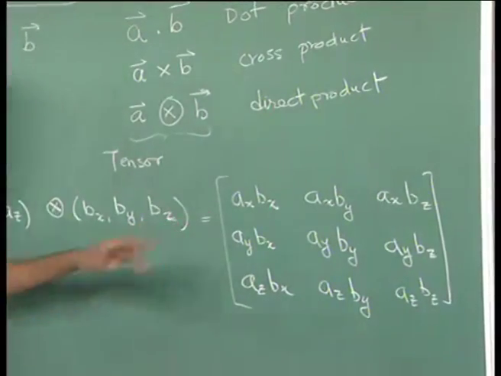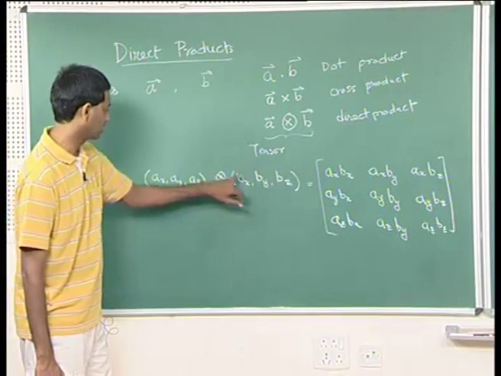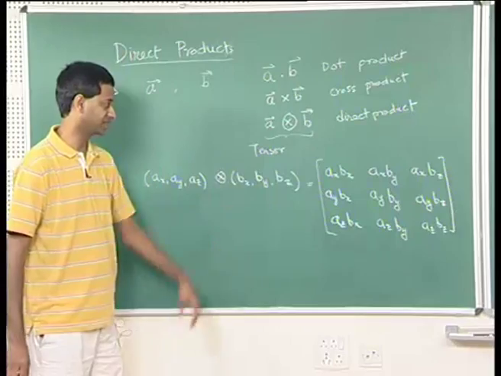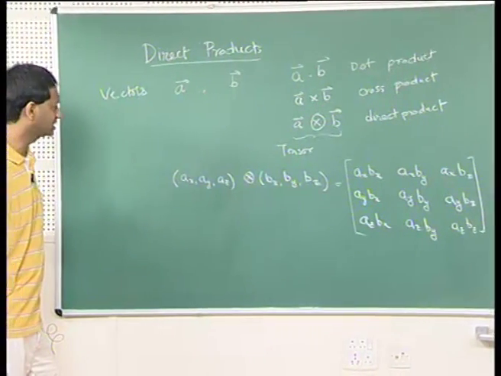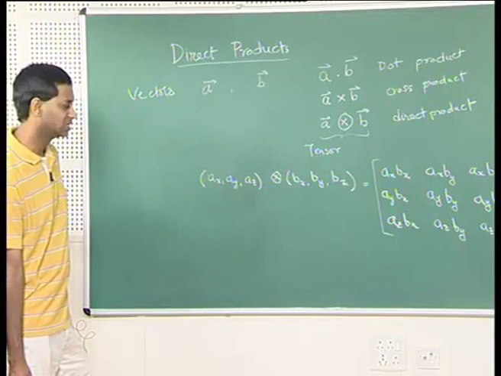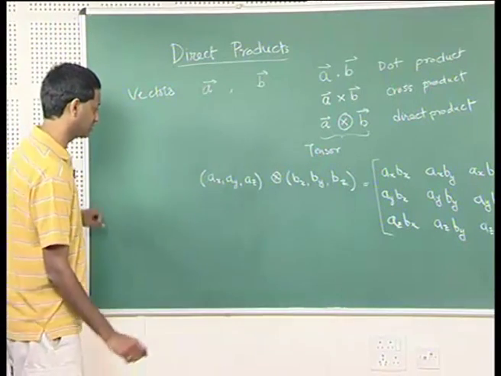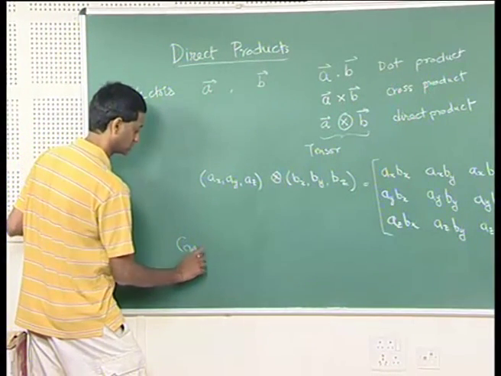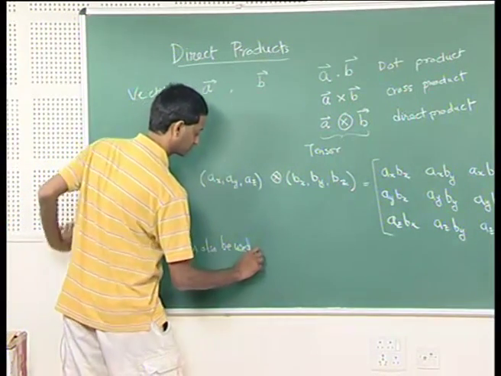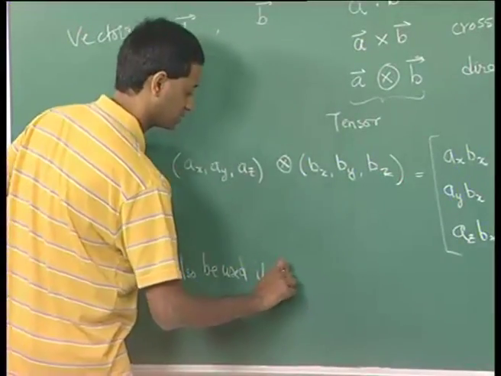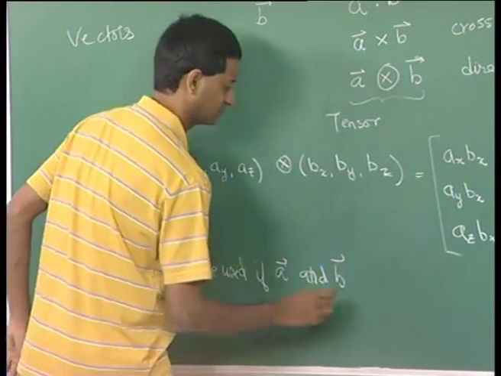So you can see that this is a very natural way to take the product. You take all possible products one by one and arrange them in the form of a matrix. This is called the direct product, and we will use it very shortly. Before we do that, I want to say that this can also be used if A and B have different dimensions.